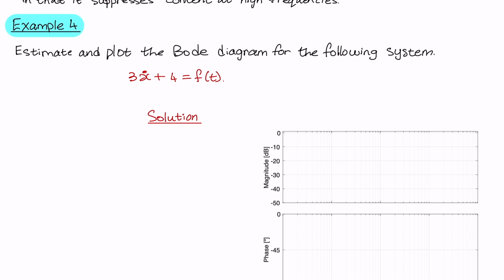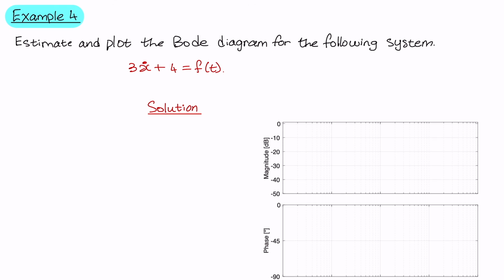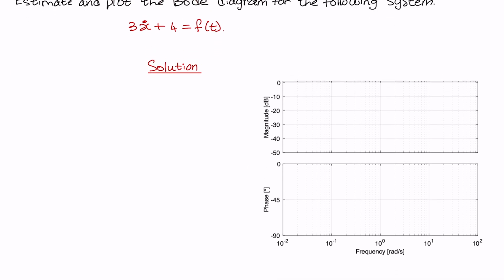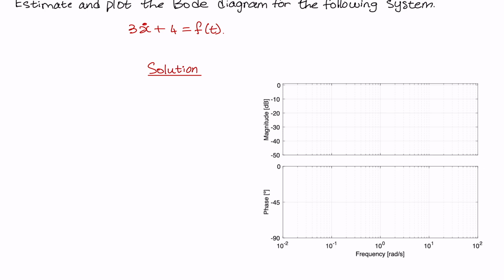Okay, we're going to go through our example 4 here. We are given the following differential equation, and we're asked to plot the Bode diagram for it. That equation is 3x dot plus 4x is equal to some generic input f of t.